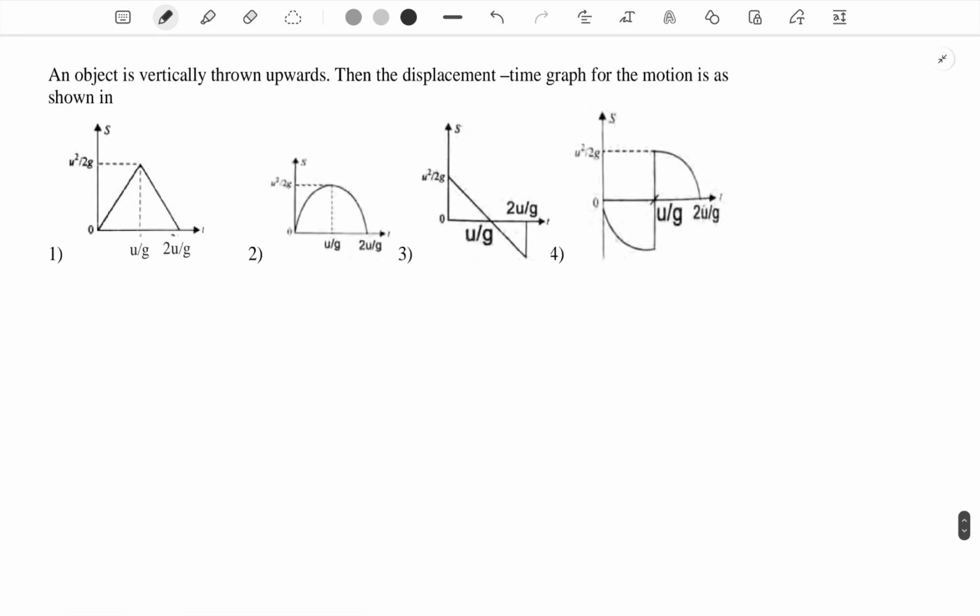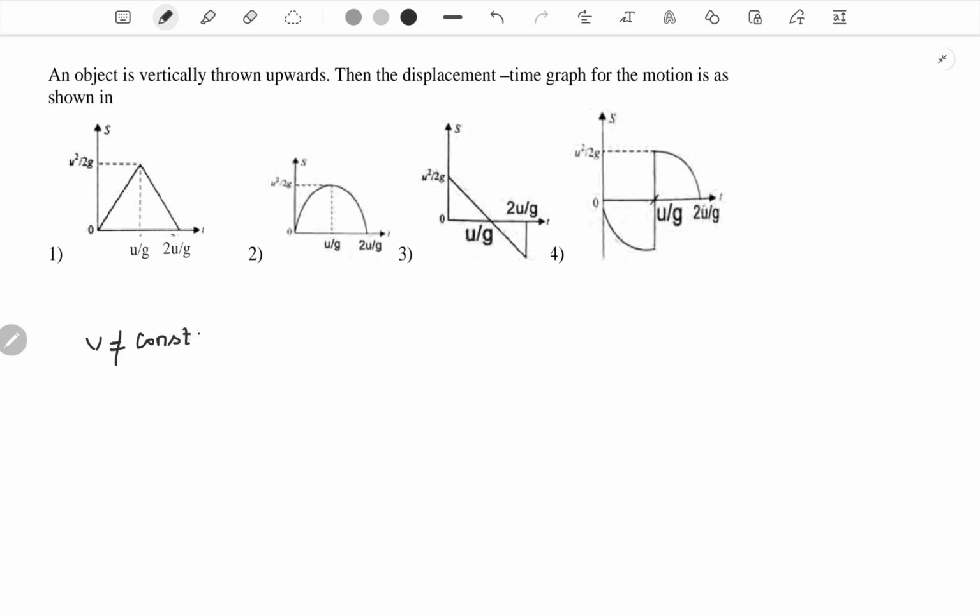So let's look at this problem. An object is thrown vertically upwards, then the displacement time graph for the motion is given as. See, first thing, okay, so displacement time graph. Here the velocity of the body is not constant.